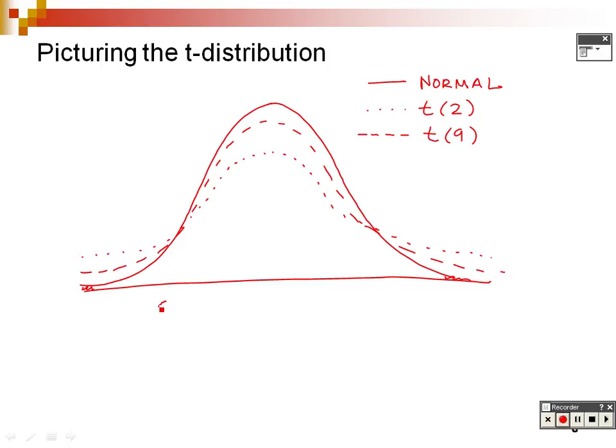And in fact, as the degrees of freedom go to infinity, the t distribution is going to approach z. In other words, as the degrees of freedom get larger and larger and larger, our graph pushes towards that normal curve.